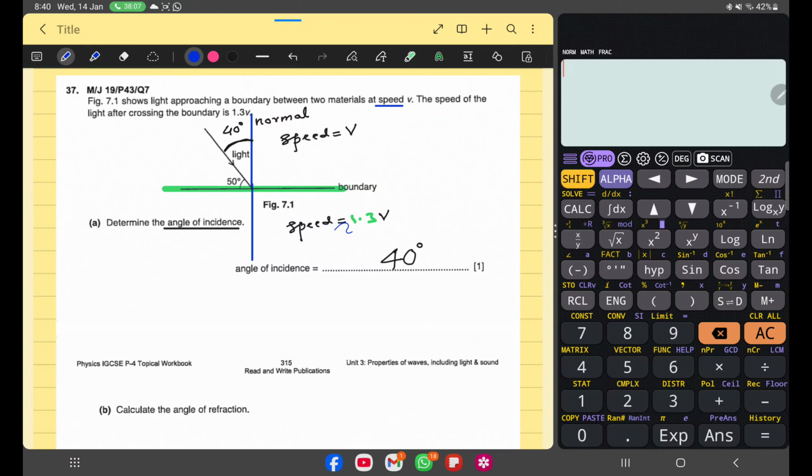So in this medium the speed increased, so you can say the initial medium is glass, although it is not glass, it means it is a denser medium. So the initial medium is glass and the final medium is air. Why? Because the speed increased after crossing the boundary.